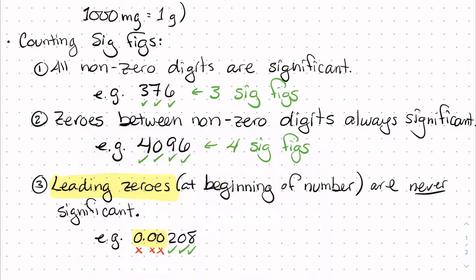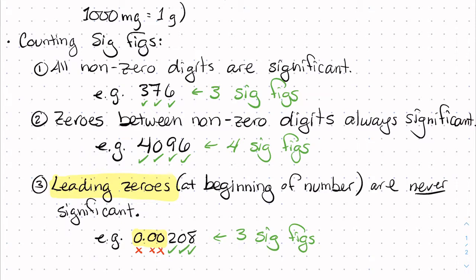Now, a note on numbers that are not significant. What we mean when we say that a digit is significant is that it is a meaningful part of the measurement or the measured quantity. It doesn't mean that it doesn't need to be there. Those zeros are still mathematically important, but they're not a meaningful part of the measurement.